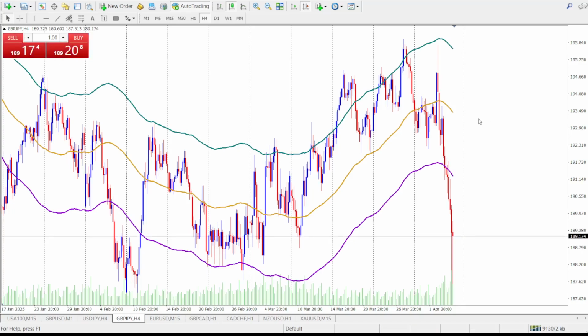Now, you might be wondering, how is this different from the Bollinger Bands, another popular volatility indicator? While Bollinger Bands also measure volatility, the ATR bands are based on the average true range, which is a more direct measure of volatility.